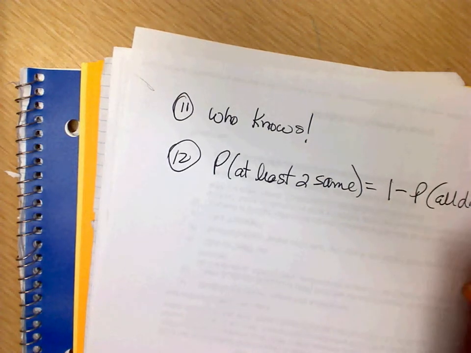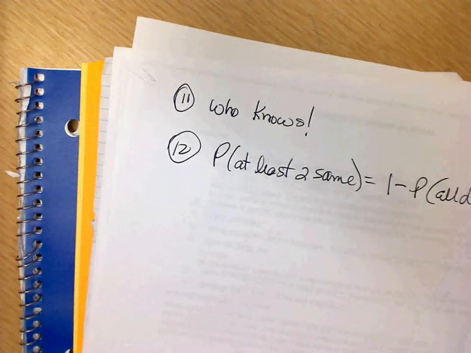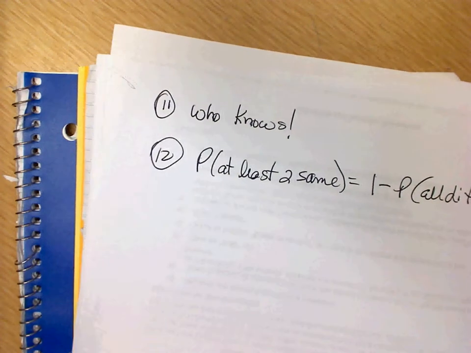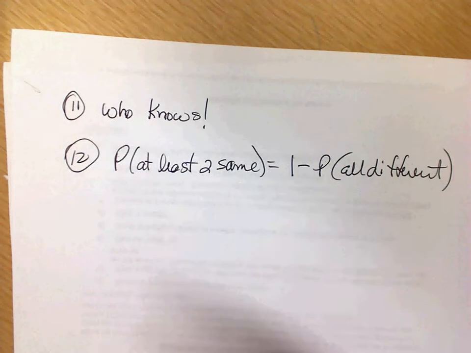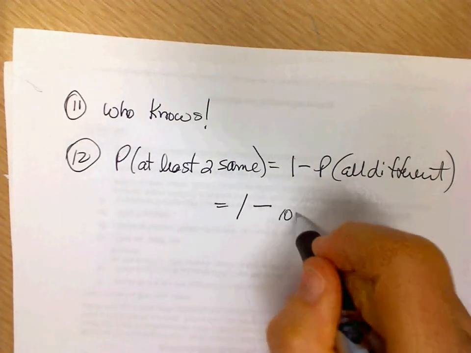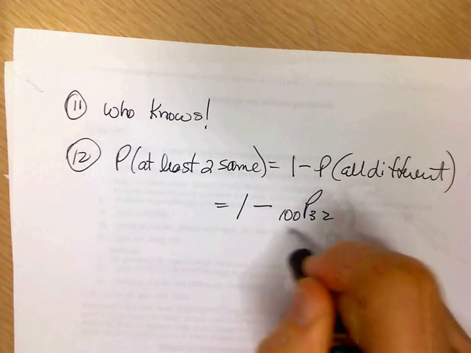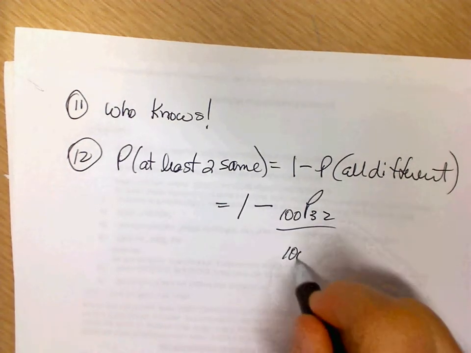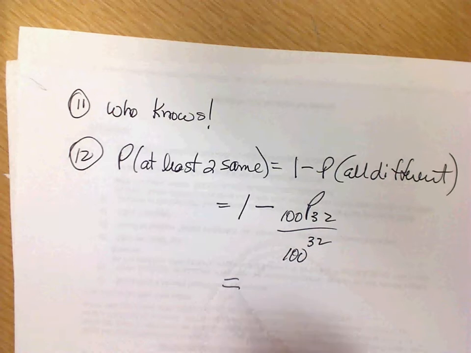That's the famous birthday problem. So now we're going to go 1 minus, for 32 students, 100P32 over 100 to the 32. And what do we get?